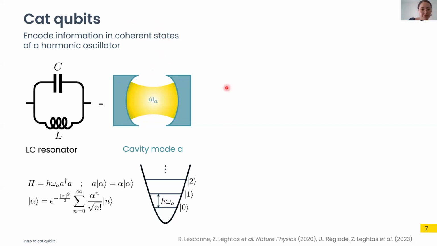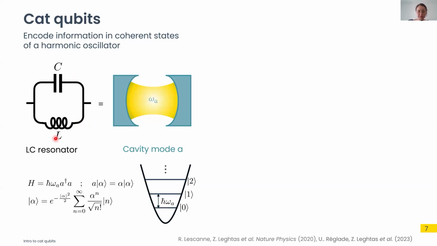So what we want to do is we have this harmonic oscillator that can be a cavity mode if we look at it in the optics kind of picture, which is a photon that's trapped between two mirrors, and this cavity has the particularity of having a certain resonant frequency. Here it's omega A, so I call it mode A, cavity A. And then equivalently, if I look at superconducting circuits, then an LC resonator also behaves as a cavity.